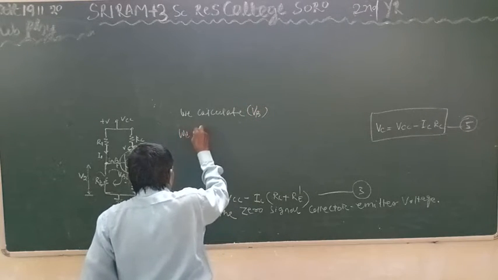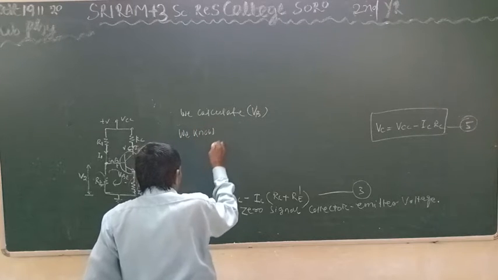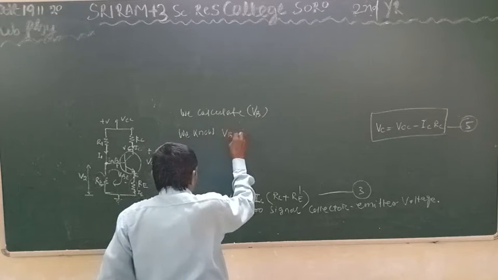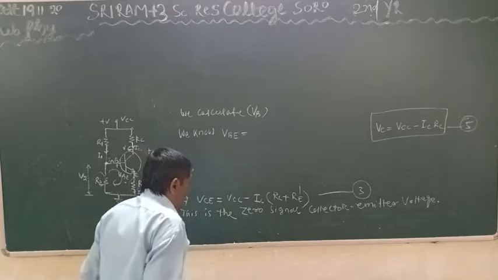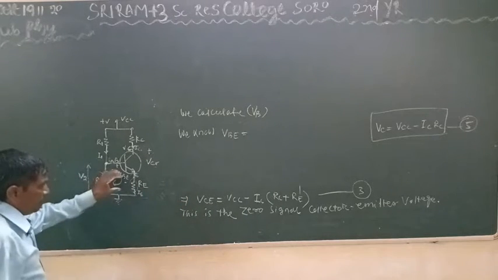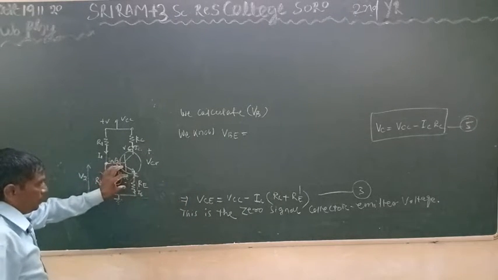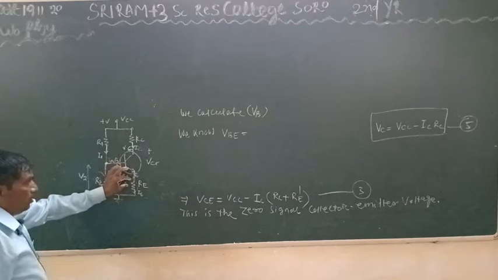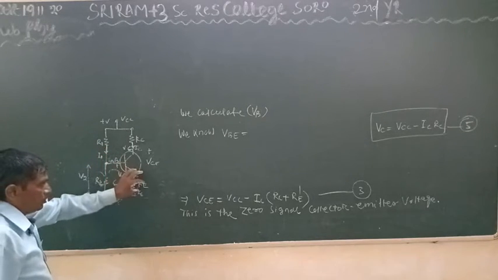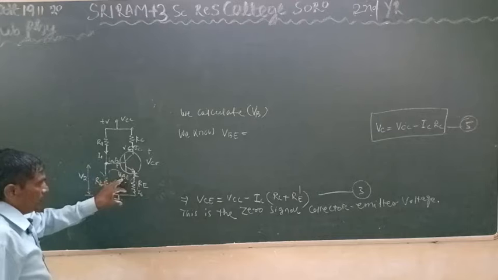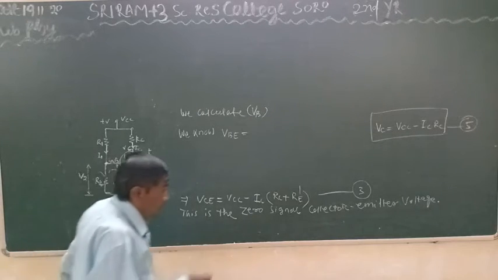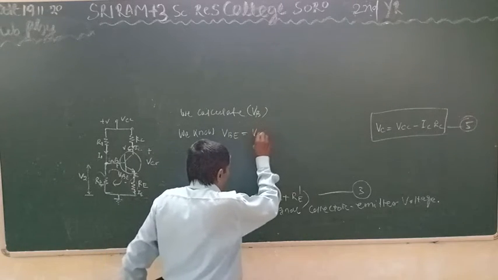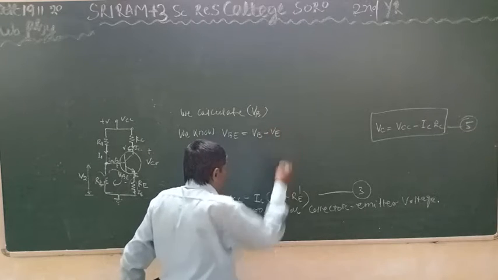We know VBE means the base to emitter junction voltage. VBE equals VB minus VE.